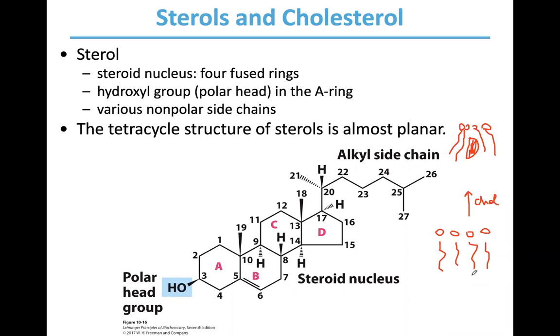So we're talking about the biological, physiological temperature of 37 degrees Celsius, right? Unless we're talking about organisms that are cold-blooded or thermophilic or something like that. But also keep in mind that cholesterol is primarily present in cell membranes of animals.